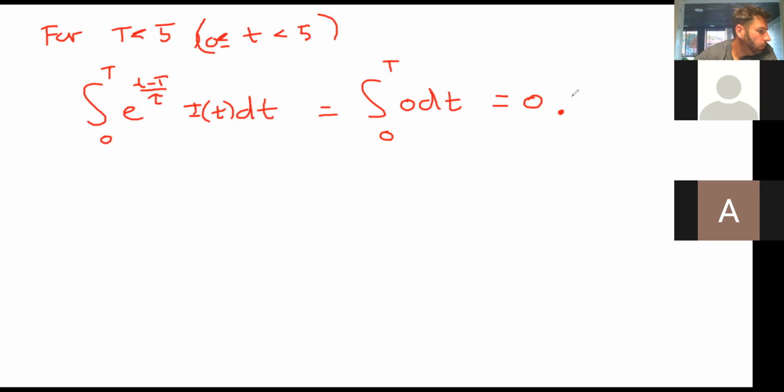All right, now what happens if t is between 5 and 10? What does this mean about the variable of integration? If capital T, our upper bound of the integral, is between here, then our variable of integration, little t, the smallest it can be is 5, and the largest it can be is 10.